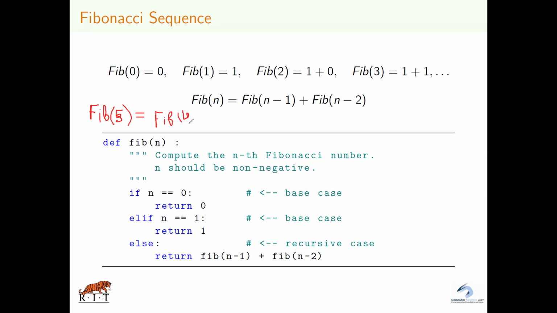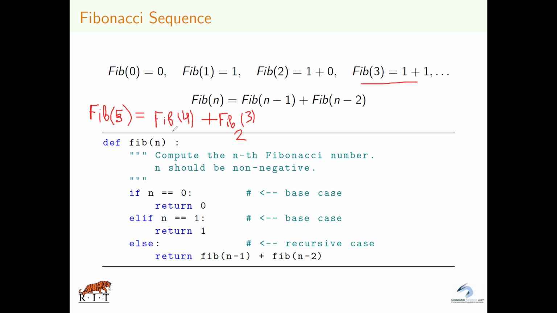What is the value for Fibonacci of 3? 2. So this is 2. One second, I'm still writing. So this is 2. What is Fibonacci of 4? We should sum up Fibonacci of 3 and Fibonacci of 2.